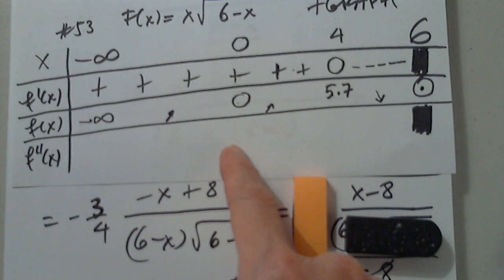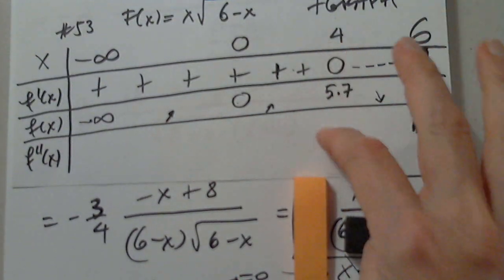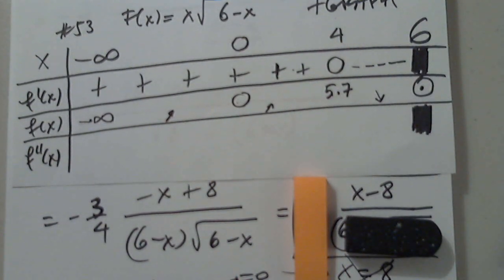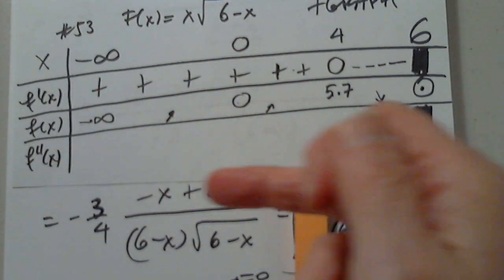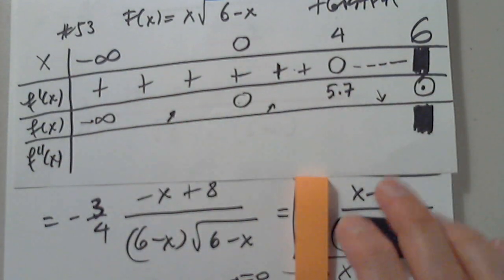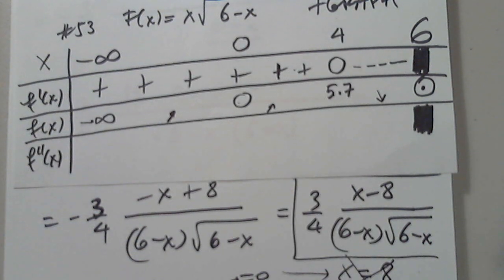So let's plug in 0. Or plug in 4. Or plug in 6. Doesn't matter. But only to the left of 6. Plug in anything you want and tell me the sign. We could plug in 1.